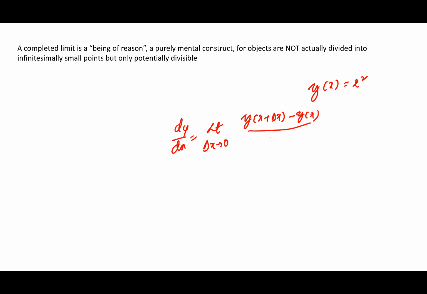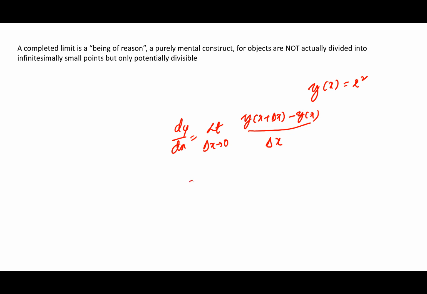So let's take a simple example, right? Let's take a simple example of a single variable function, y of x is equal to x squared. Then, we can find out what is the derivative here. So if you want to look at dy by dx, then that is limit delta x going to 0, y of x plus delta x minus y of x divided by delta x, right?